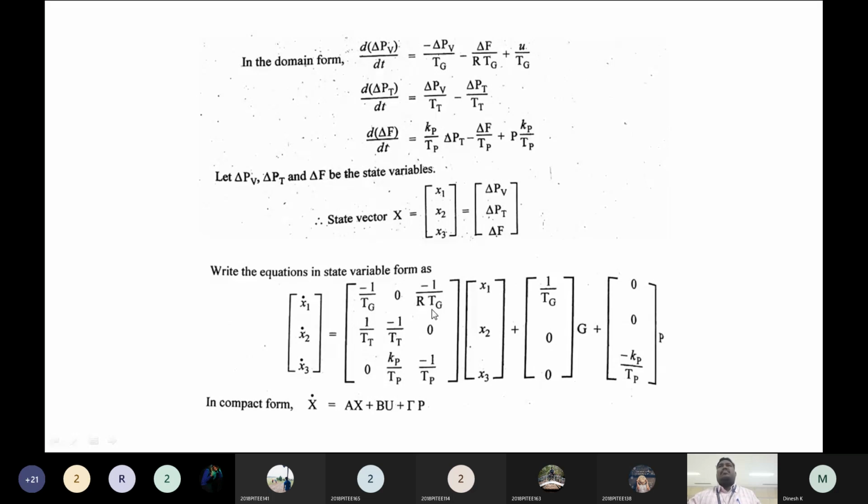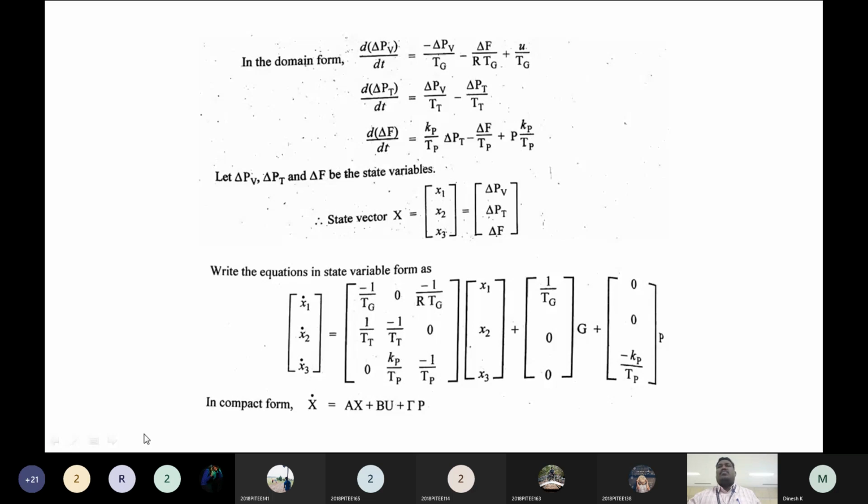Similarly, U is there, G is nothing but U here, so 1 by TG times of your G. Second equation, d del PV by dt minus del PT by dt: del PV gives 1 by TT, PT gives minus 1 by TT, and del F is 0. In the third equation, PT has Kp by Tp, del F is minus 1 by Tp, and the P term is plus Kp by Tp.